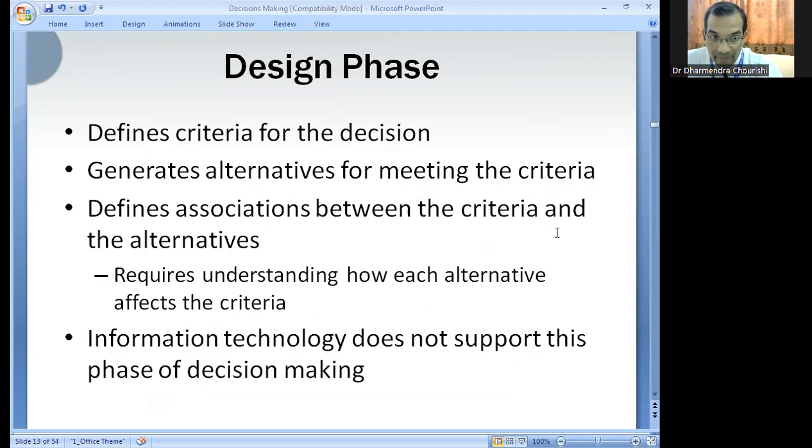In the design phase, one defines criteria for decisions, generates alternatives for meeting the criteria, and defines associations between criteria and alternatives. It requires understanding how each alternative affects the criteria. Finally, information technology does not support this phase of decision making.